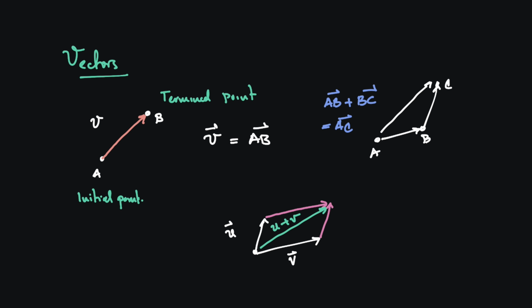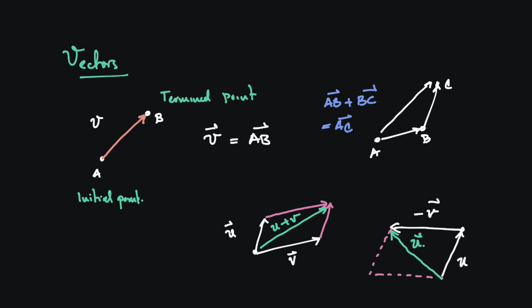What happens if maybe we have a vector going up like this, right? And maybe another vector going back like this. All right? That will be a negative vector, right? And the diagonal of this parallelogram is going to be defined by u plus negative v.